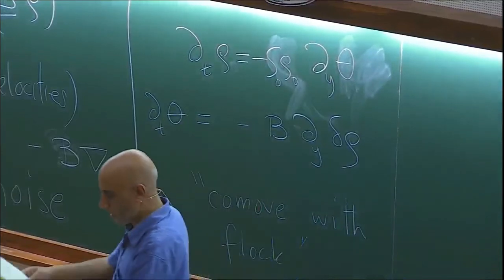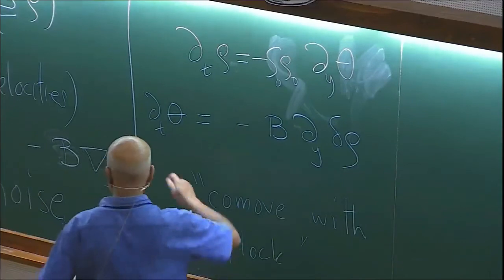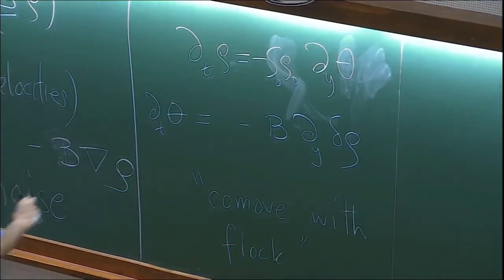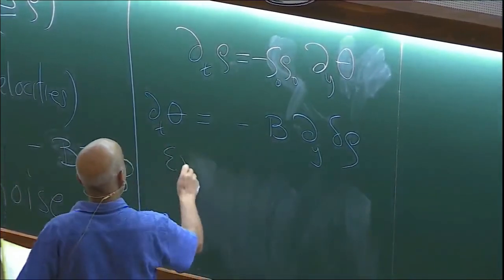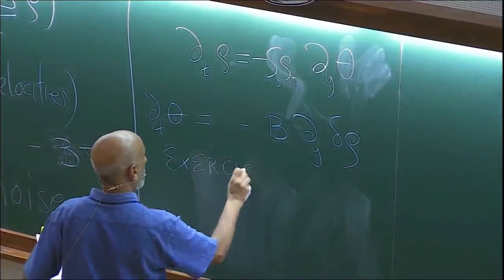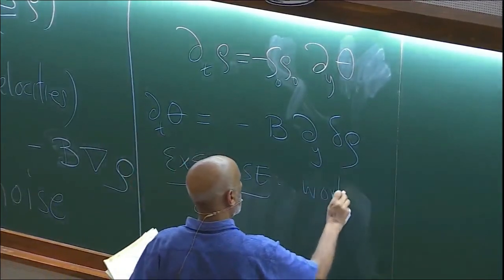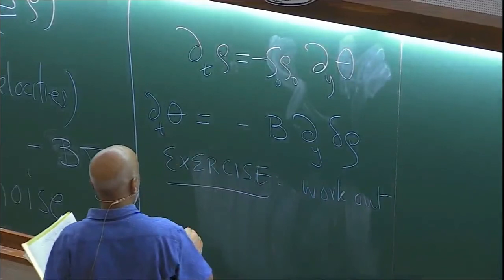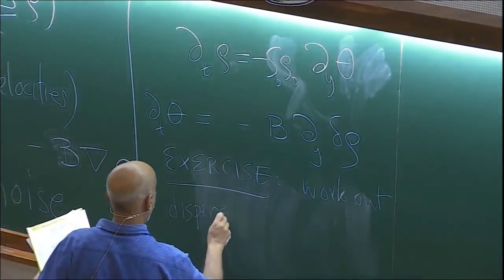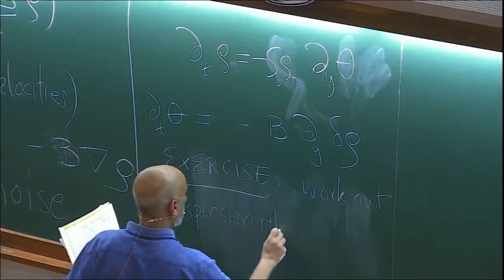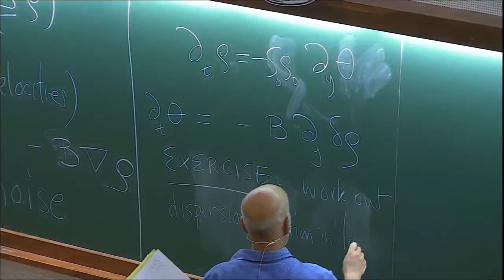As an exercise, I would like you to work out the dispersion relation, that is the relation between frequency and wave number, without making all these simplifying assumptions, so-called in the lab frame.